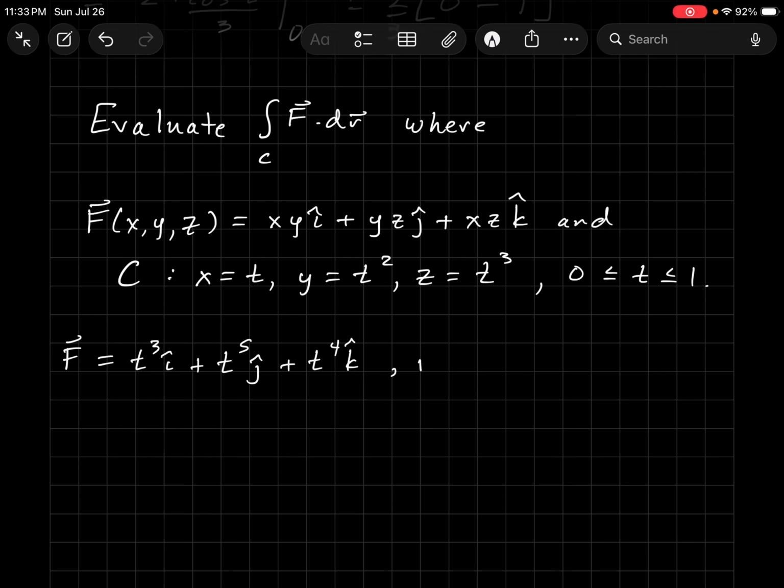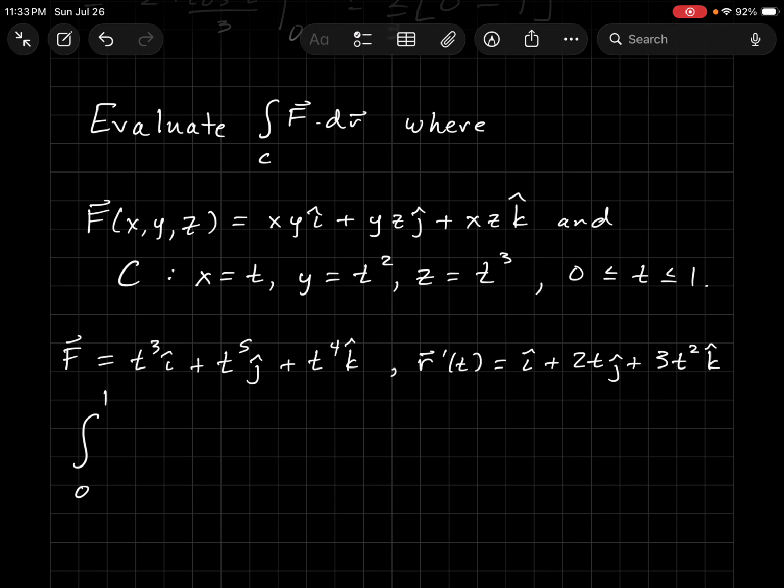And then r prime of t will be x prime i plus y prime j plus z prime k. And then our integral will be from 0 to 1 of F dot r prime, or F dot dr.